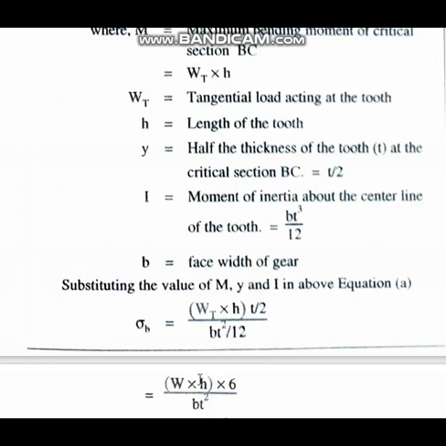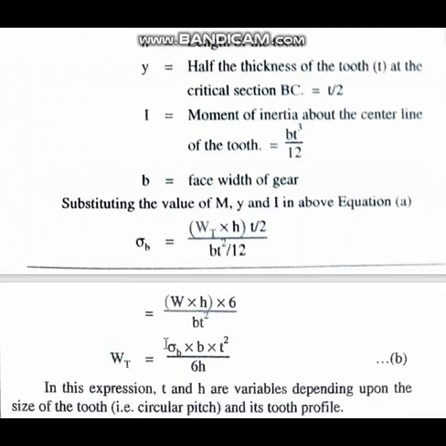Okay, and then from this equation, what you can do is bring out W. This W is the tangential load. Okay, W equals sigma b into b into t square upon 6h. W has gone that side. Okay, this is what we have got.